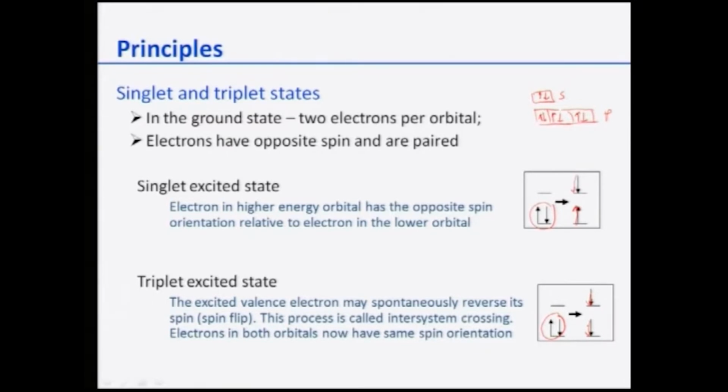There can be a spin flip, and this is what is called intersystem crossing, or ISC in the literature. So, the electrons in both orbitals now have the same spin orientation. Therefore, in the triplet excited state, electrons in both the higher and lower energy orbitals have the same spin orientation, whereas singlet states have different orientations. You must remember this.